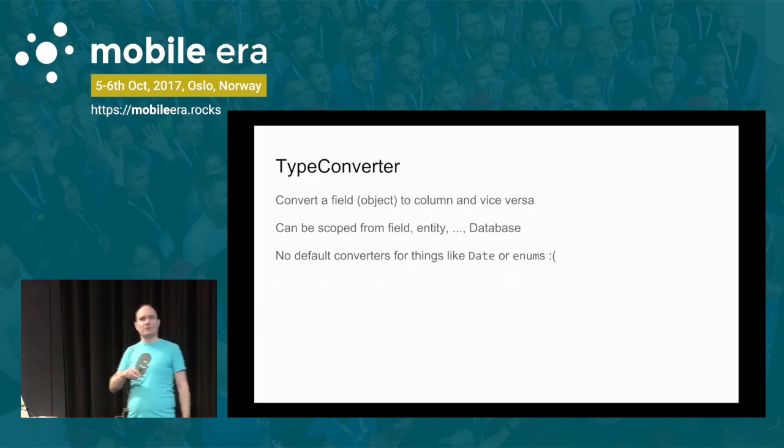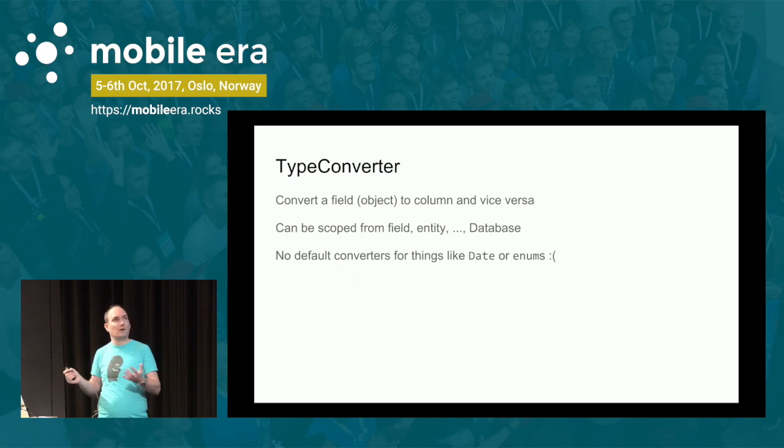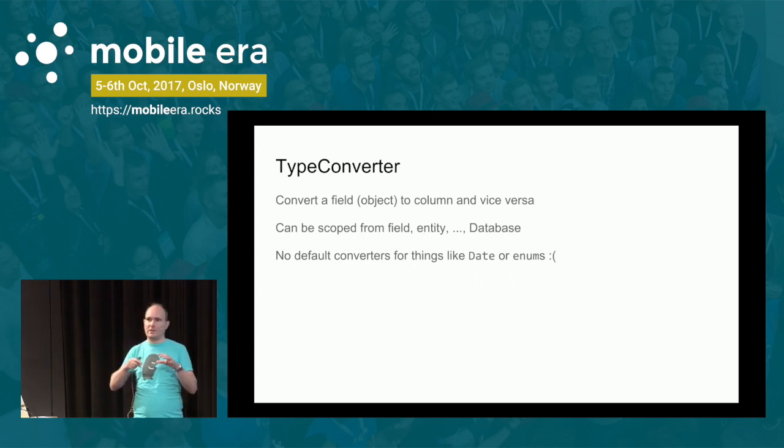A type converter gives you the option to convert a particular object or type into a SQLite value or a column. And nice about this type converter is that you can scope them on various levels. So you can be very precise and say, for this entity only, or for this field in this entity only, I want to use a particular type converter, and in all other places I want to use something else. And this is very granular up to the entire database.